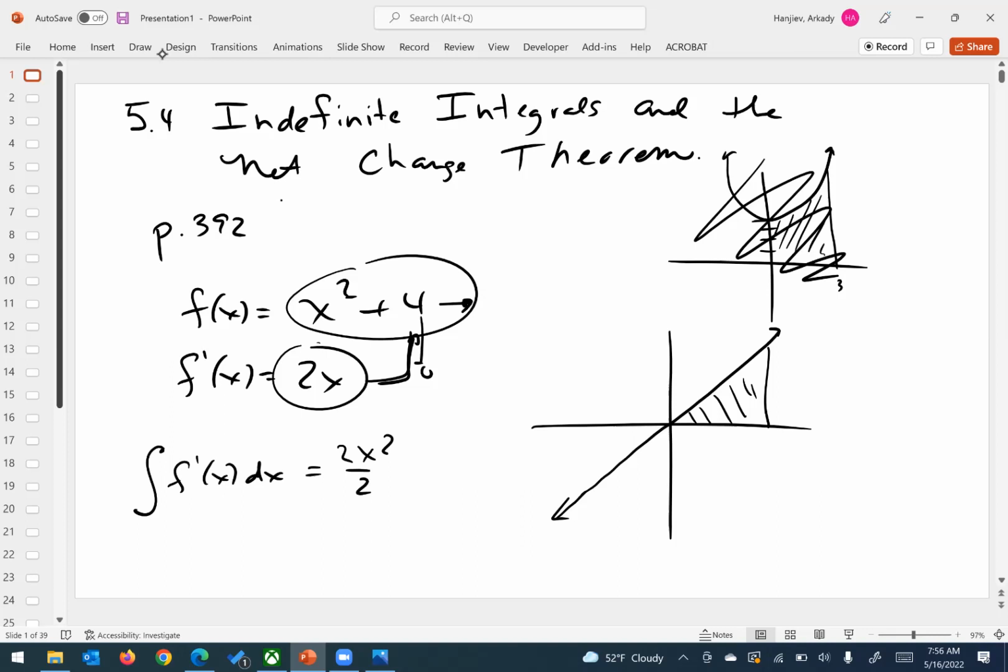The original one was at 4. But because of that little derivative being 0, we don't know what that value was. So how high was the original graph in the first place? I don't know. So we have to put this little plus C. I have no idea, to get back to that value. Okay, so there it is. I'm going to have to always have the little plus C at the end.